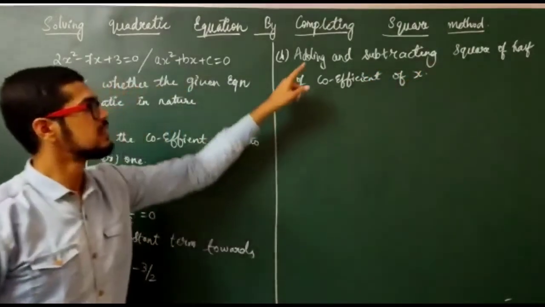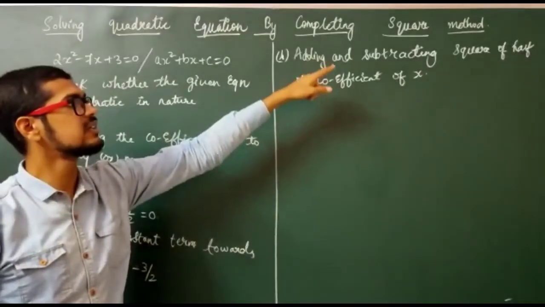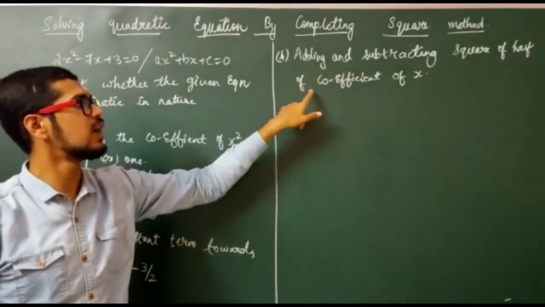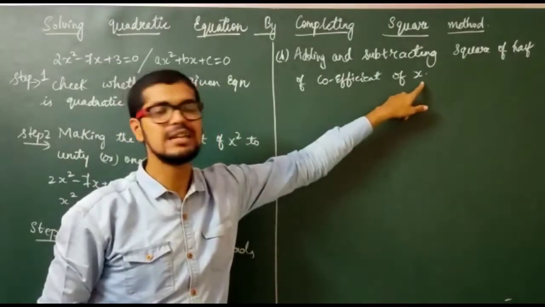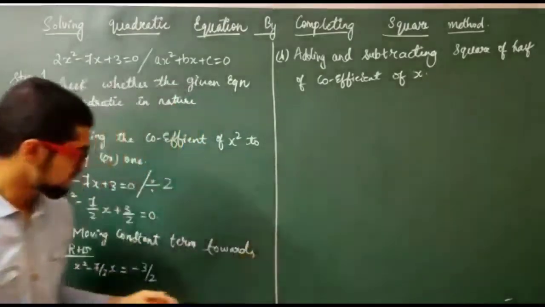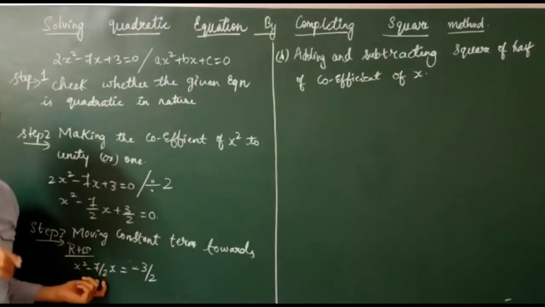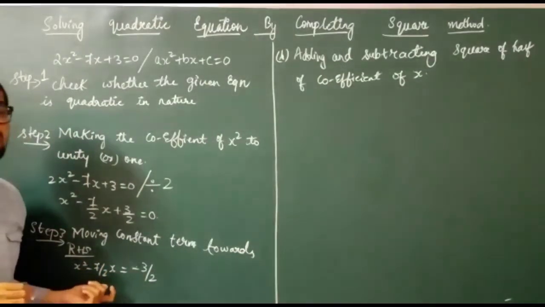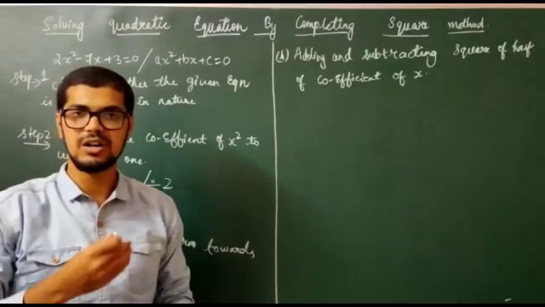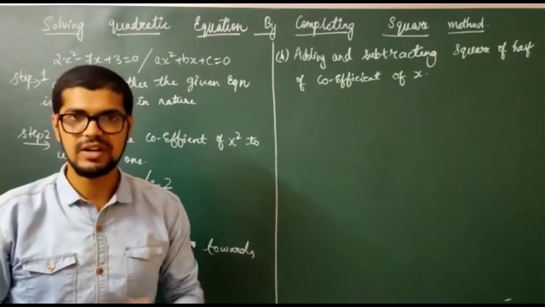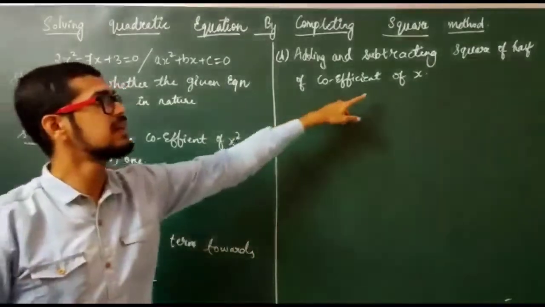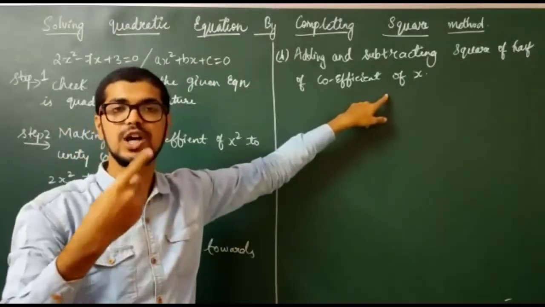I repeat, the fourth step is adding and subtracting the square of half of the coefficient of x. What is the meaning of this? First tell me what is the coefficient of x here? The coefficient of x here is 7 by 2. So I need to divide this coefficient by 2, and I will get 7 by 4. After getting 7 by 4, I must add and subtract the square of 7 by 4.